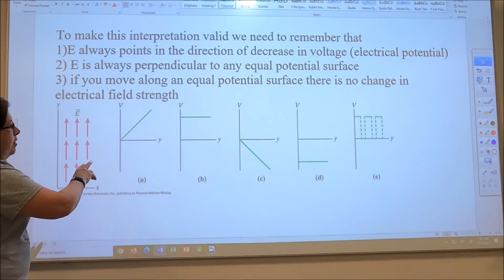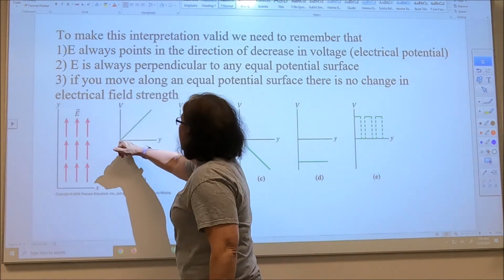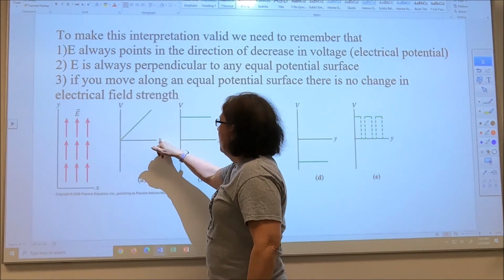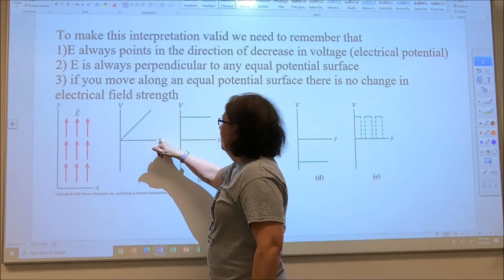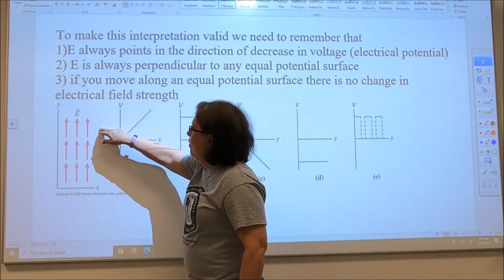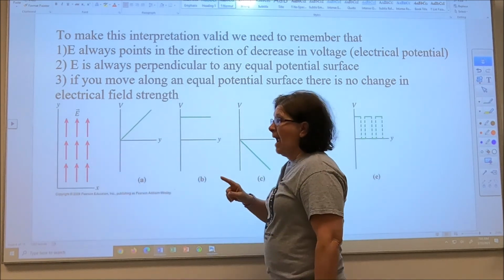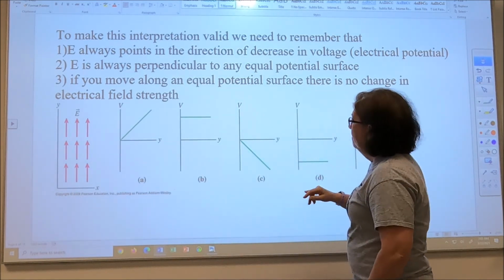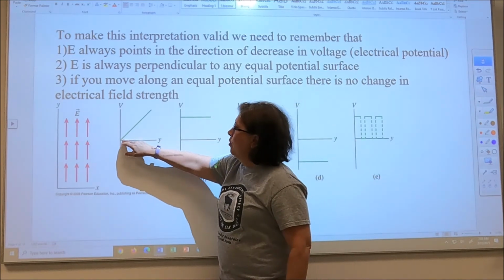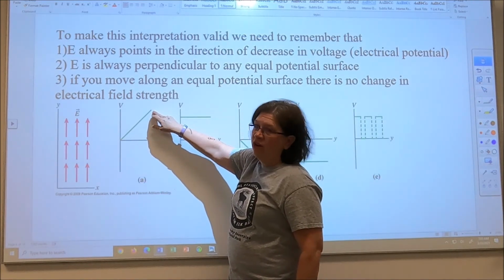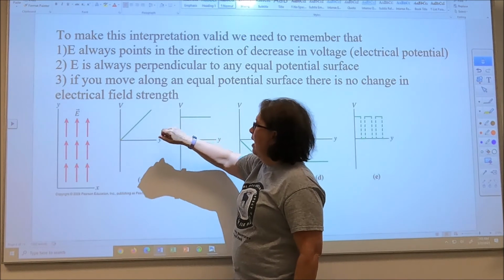Now, if we look at these graphs, this would be the 0, this is the positive Y direction. So I know that as I go in the positive Y direction, my electrical potential should go down. This one doesn't work because as I move in the positive Y direction, the electrical potential is going up.